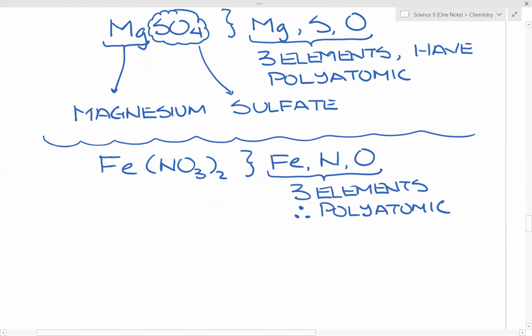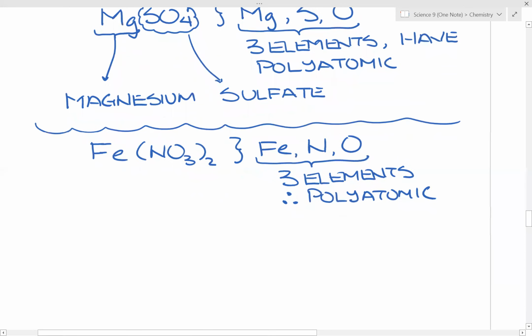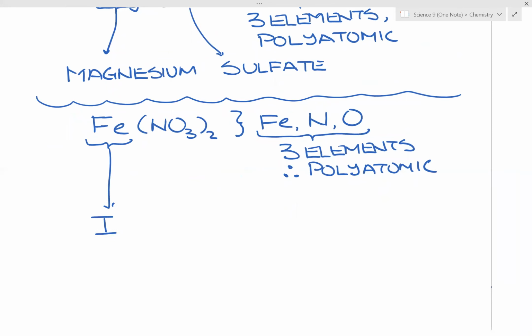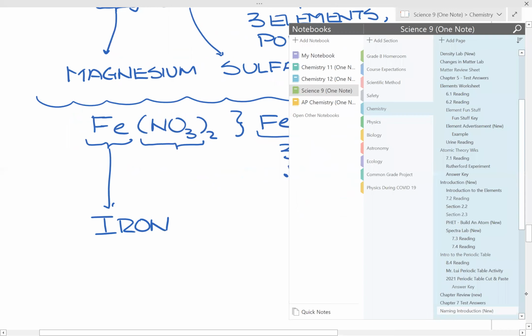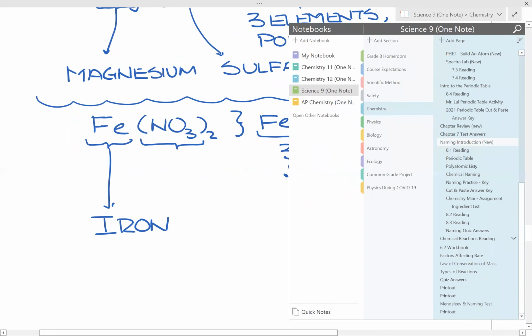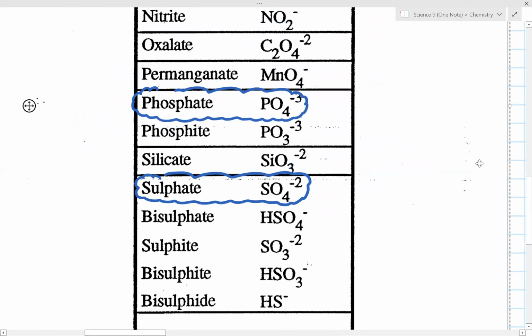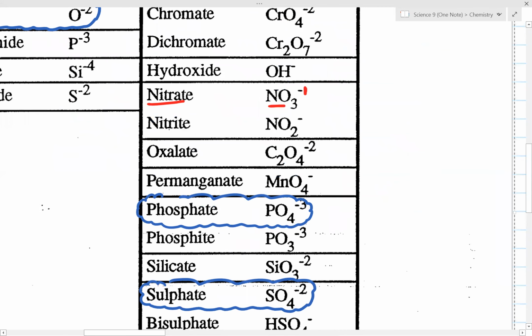Now, just like what you had done up here, you recognize that this is iron. And in this case, if you look at your polyatomic list, you will notice that the NO3 is nitrate.